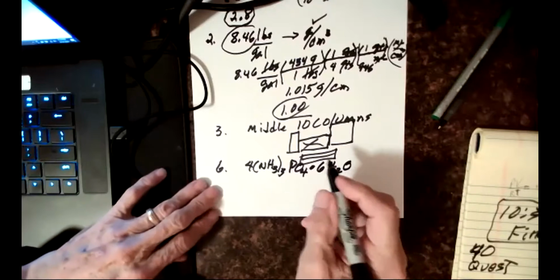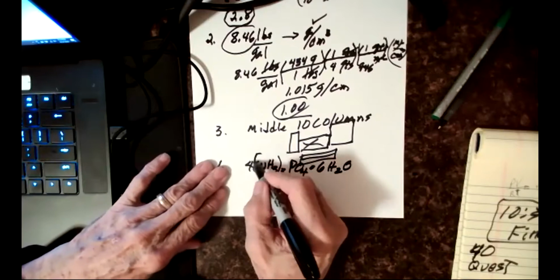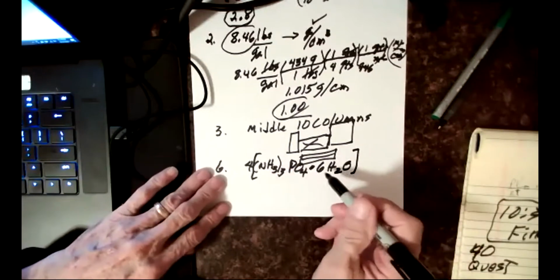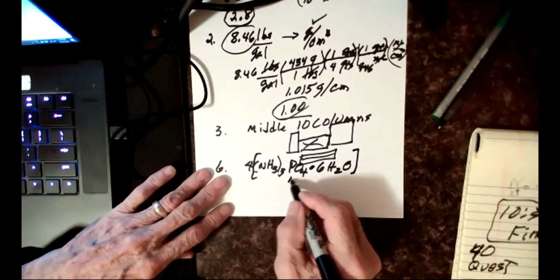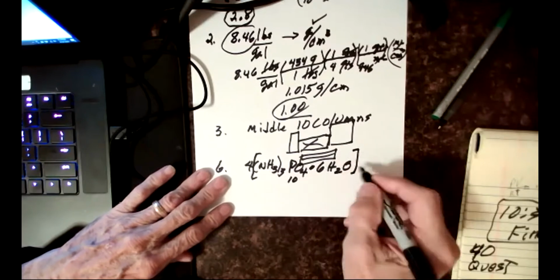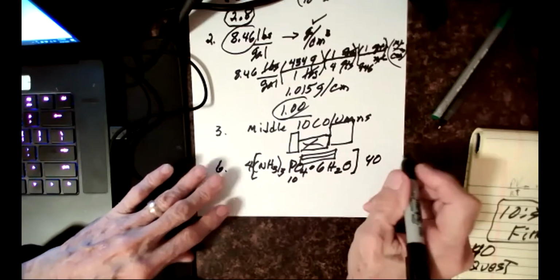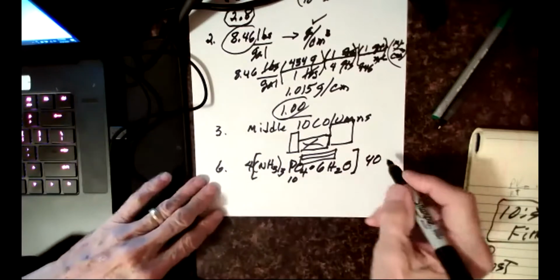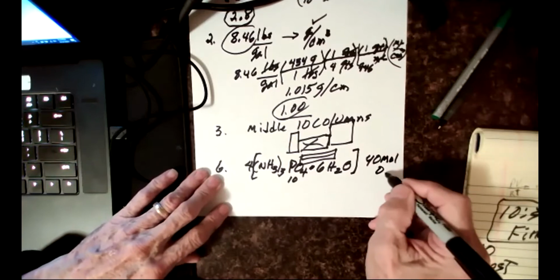Now, let's look at the oxygens again. I'm going to take that 4 out like this and count what's inside. So we got 6 plus 4 is 10. That's what we said a while ago. So we got 10, and 4 of them would be 40, and that would be 4 moles of that compound. That would be 40 moles of oxygen atoms.